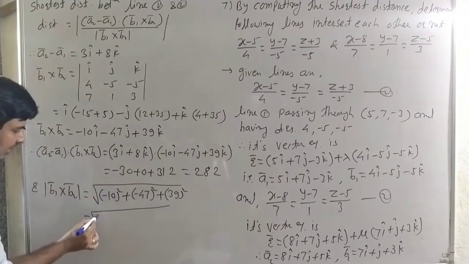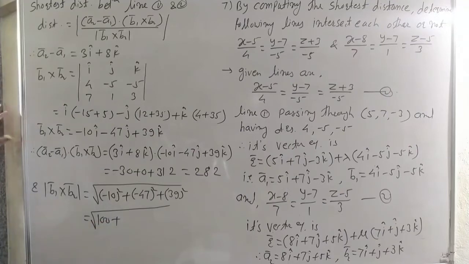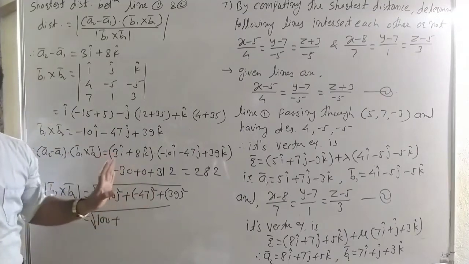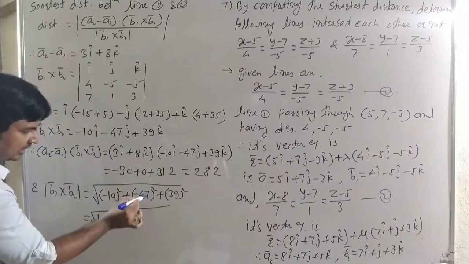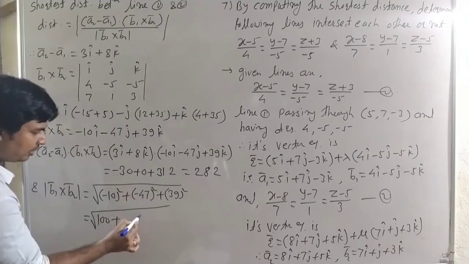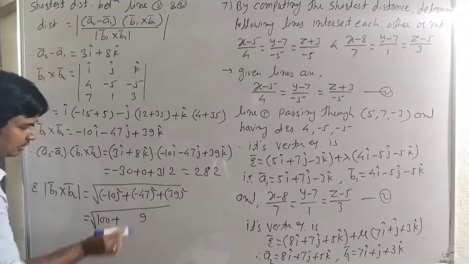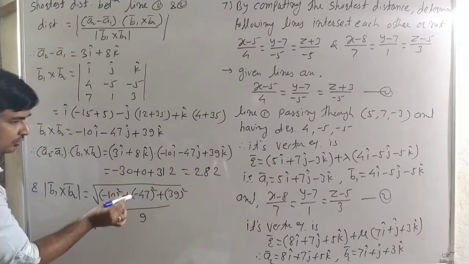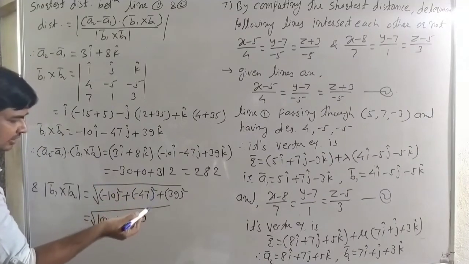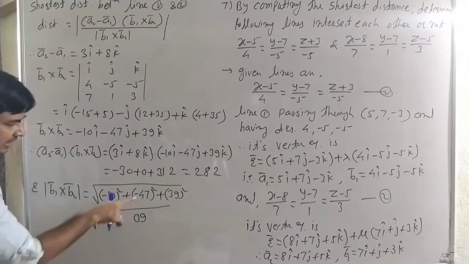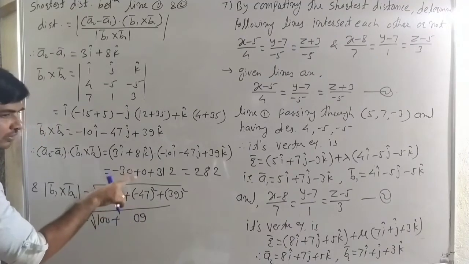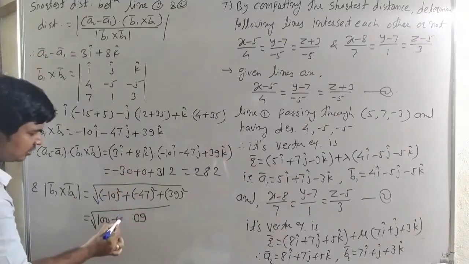Here it is 100 plus, now the square of 47. Here 7 square is 49, carry 4. 7 into 4 is 28, 28 doubled is 56, 56 plus 4 is 60, carry 6, and 4 square is 16, 16 plus 6 is 22.